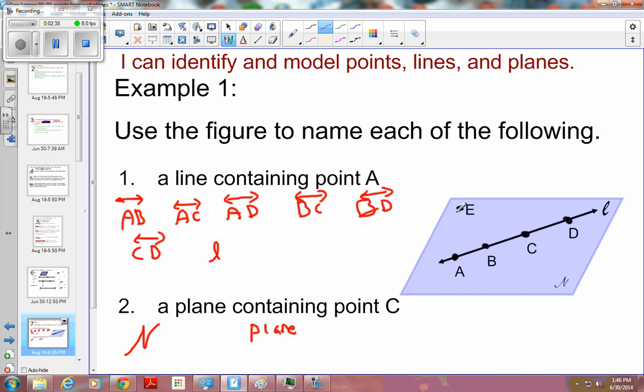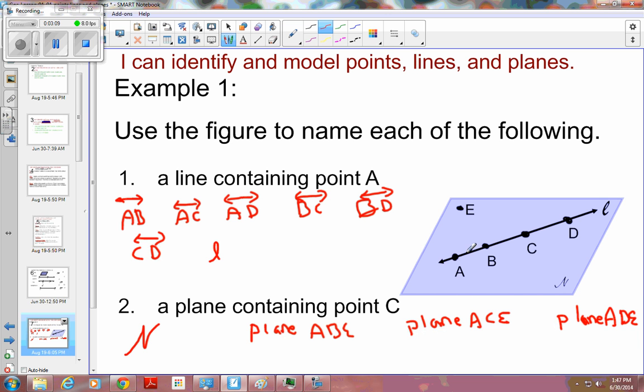So I could use A, B, E. I could use A, C, E. And yes, I have to keep writing this plane. So it could be A, C, E. I could go A, D, E, so plane A, D, E.